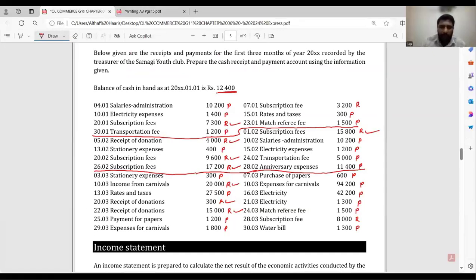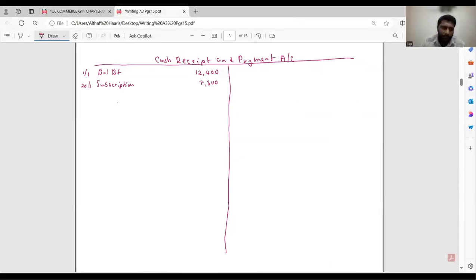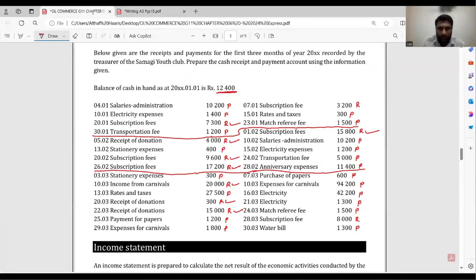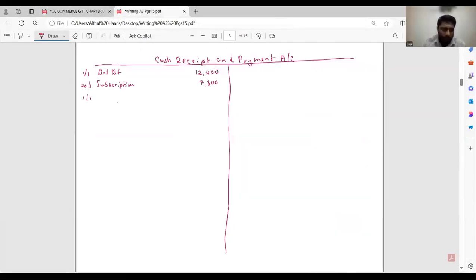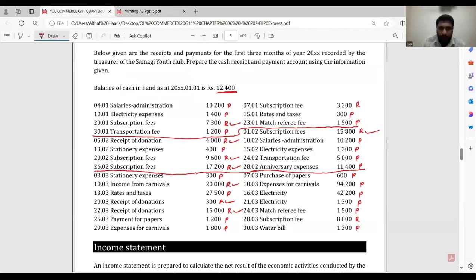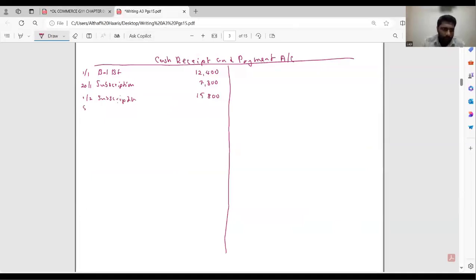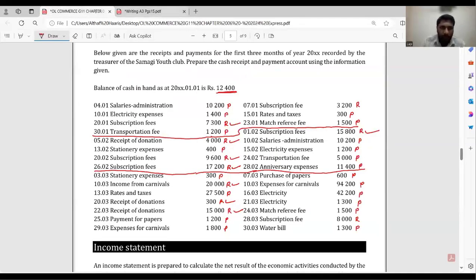So here subscription 15,800. Then donation 4,000.